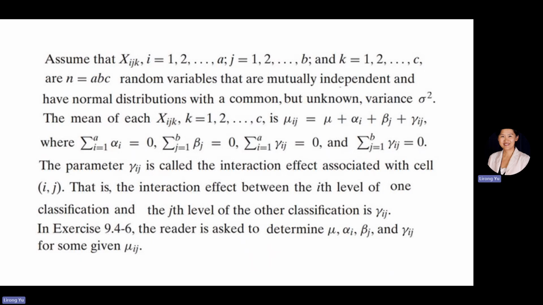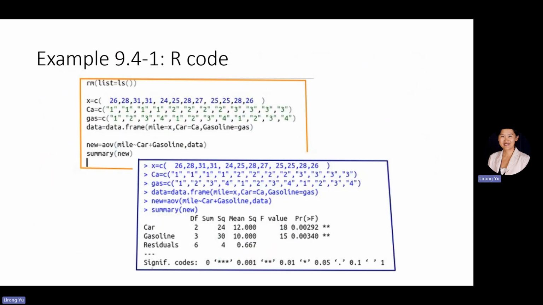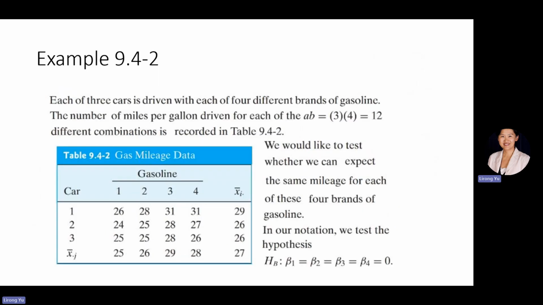For example, for car 3, gasoline 1, you may have 3 cars in there, and then k will be 3.